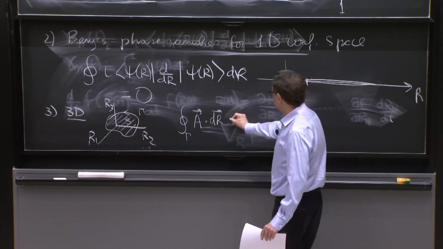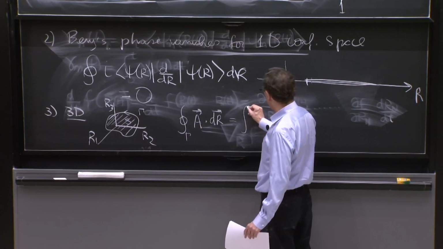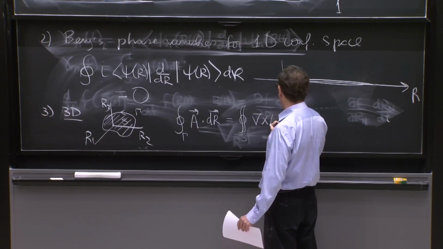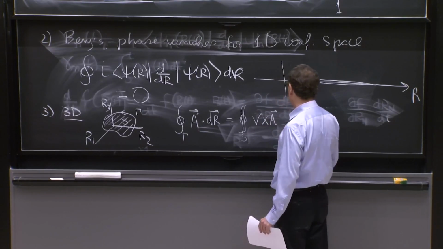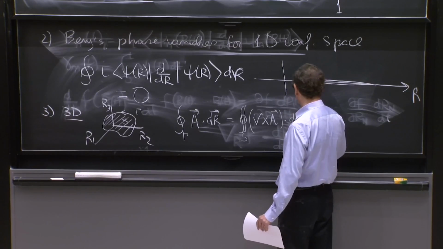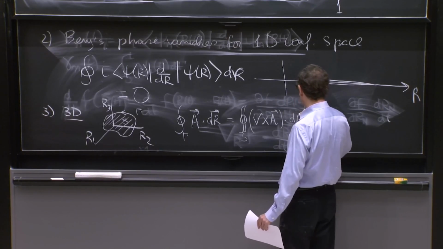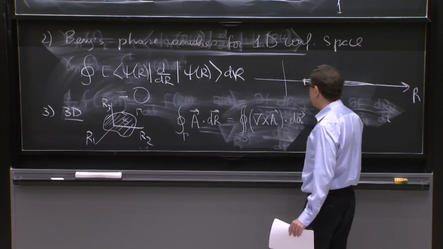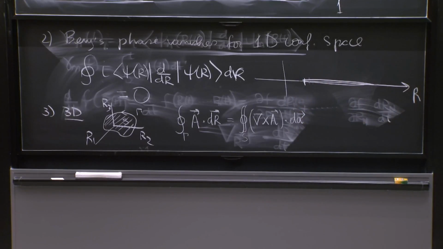That is, by Stokes' theorem, the integral over the surface of the curl of the Berry connection times the area of that surface.